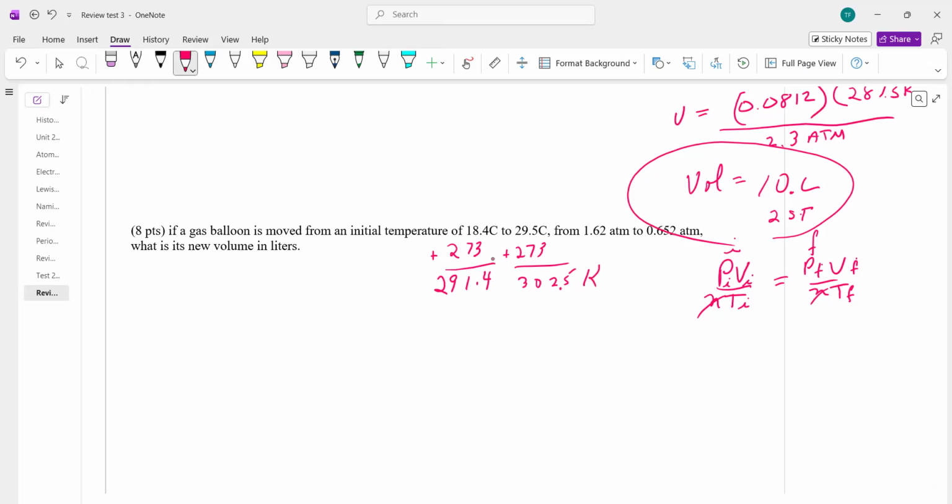Okay, so initial pressure is 162 atmosphere.